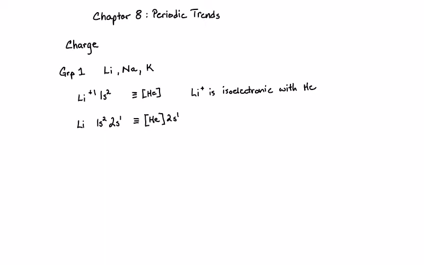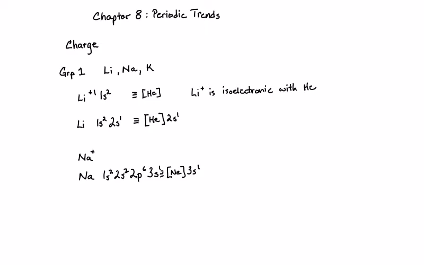We see this with sodium and potassium as well. We know that sodium's electron configuration, when it's neutral, is going to be 1s2, 2s2, 2p6, 3s1, which is the same as having a neon core with an electron in the 3s orbital.